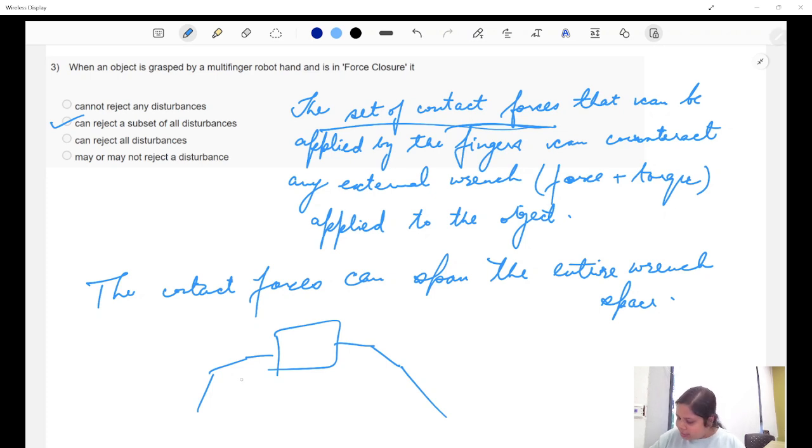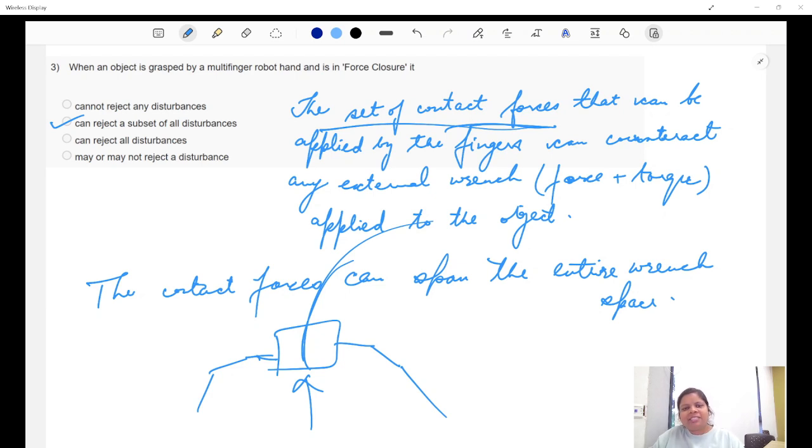Now, after this grasping, if you apply a force in this direction, it would snap out. So there is a certain number of wrenches that should be applied so that the object remains part of a secure grasp, and any external disturbance cannot take it out of the place it is supposed to be.